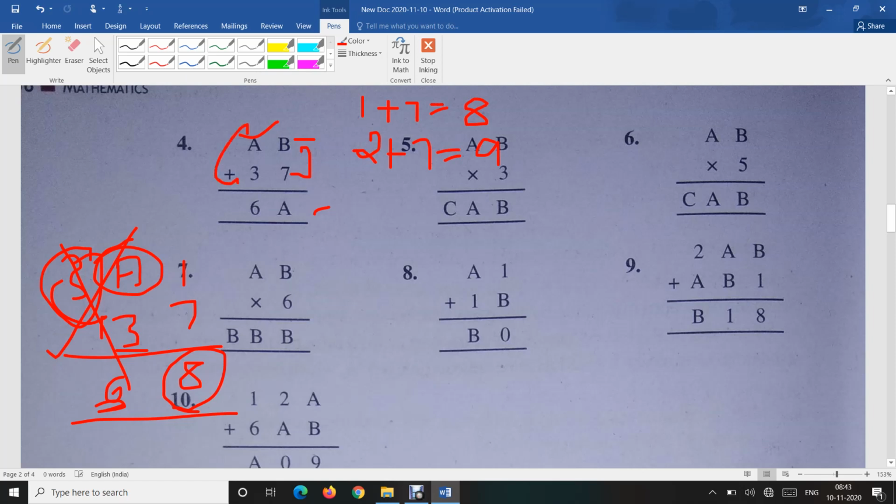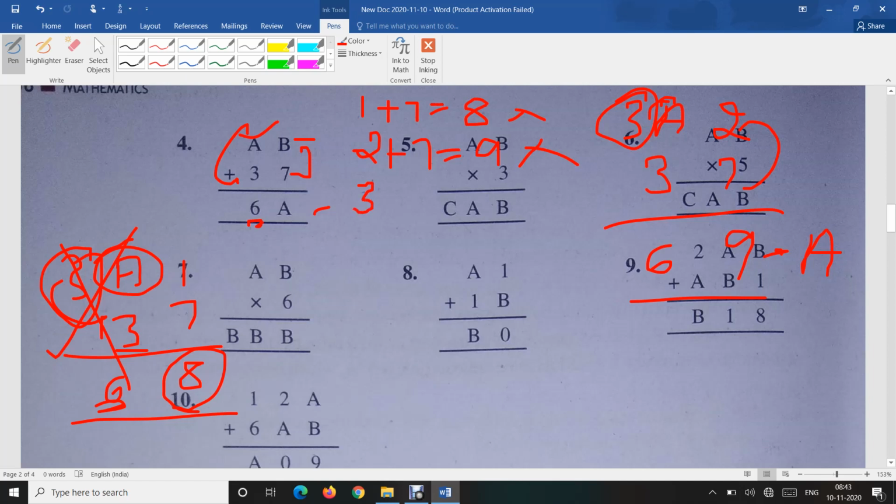If we put 2 at the place of b, then we will have 3 7. Now we'll have 7 plus 2 is 9, and also here we should have 3 to get 6 here. Now here the value of a is 9 and here the value of a is 3. That means value of a is different at both the places in the same question. So this will not also satisfy.